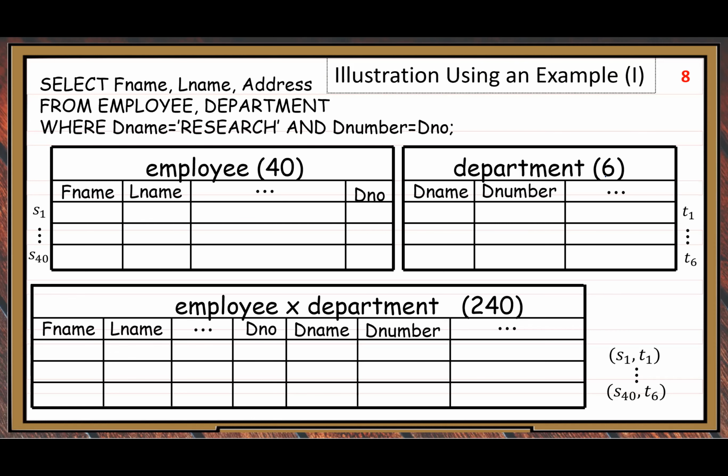The last one, S40, T1 through T6, 240 in all. That's all the possible combined tuples. That's the meaning of the Cartesian product. That is our first step.